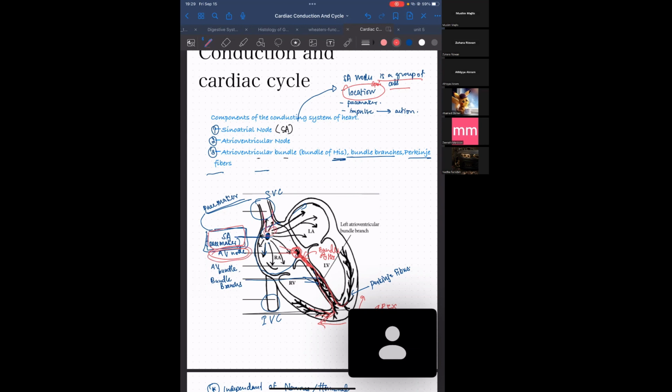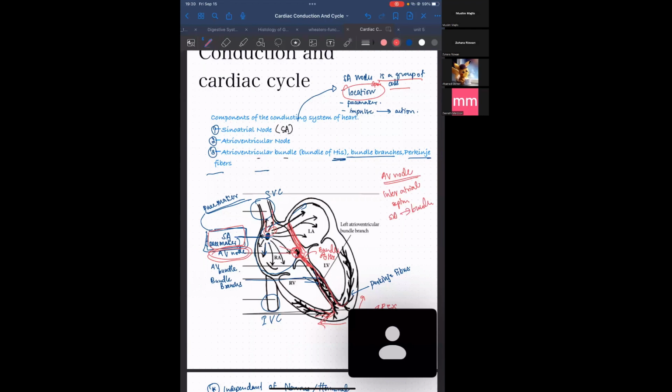The AV node is present in the interatrial septum, or atrial septum. It is the wall that separates the left atrium from the right. And what it does is transmit the impulse from the SA node to the bundle branches.